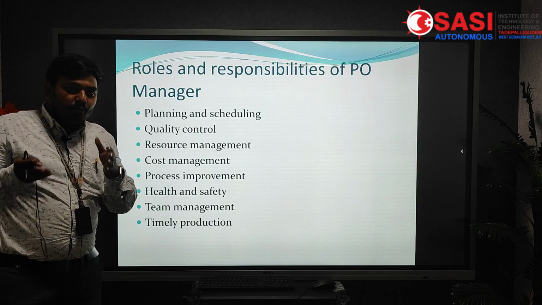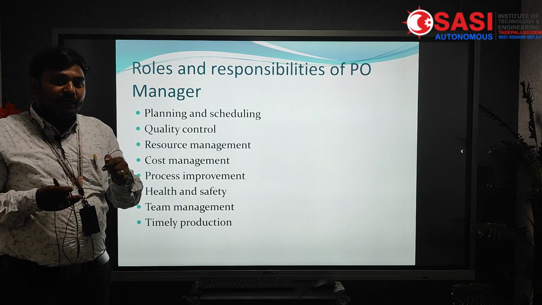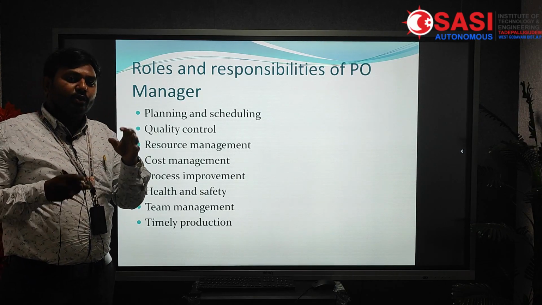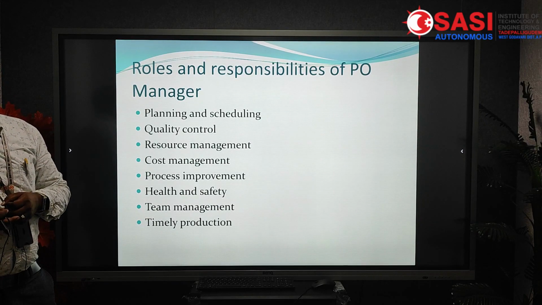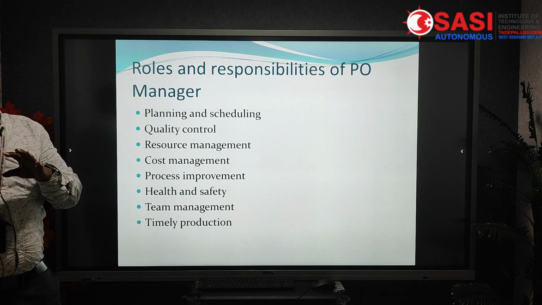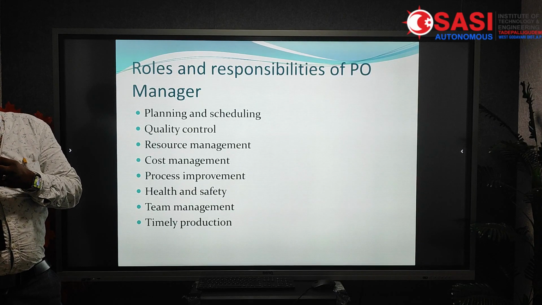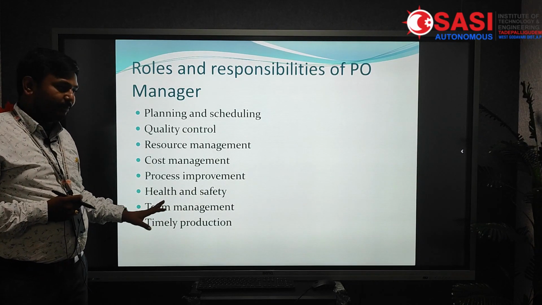For the people who are working in hazardous situations within the organizations, you need to give them some assurance for their health and safety. No one will be ready to work within your organization if it is harmful for their health and their safety. So health and safety is also a very important thing.